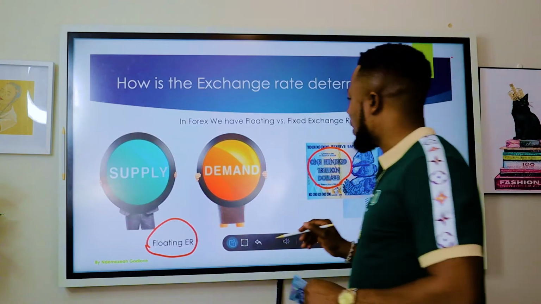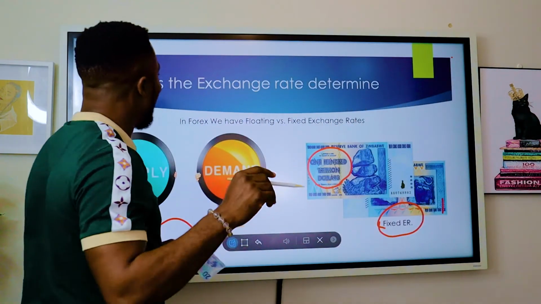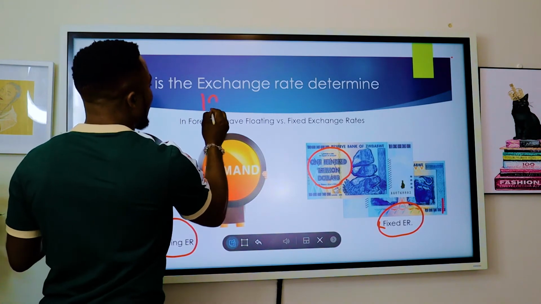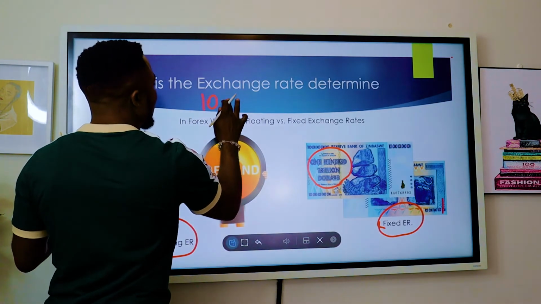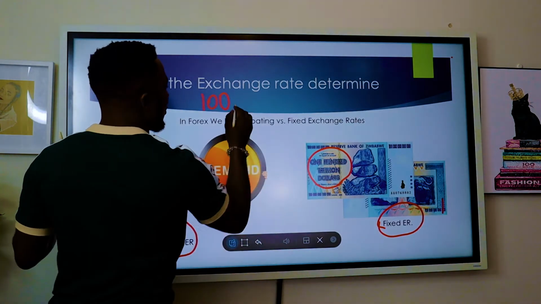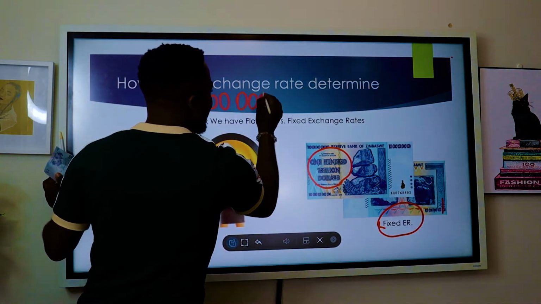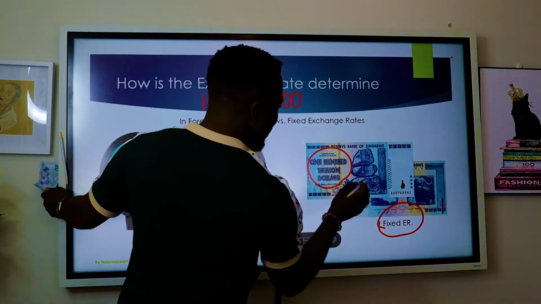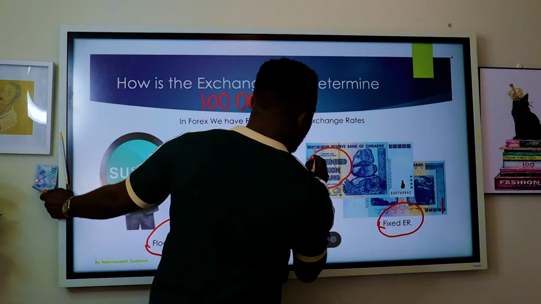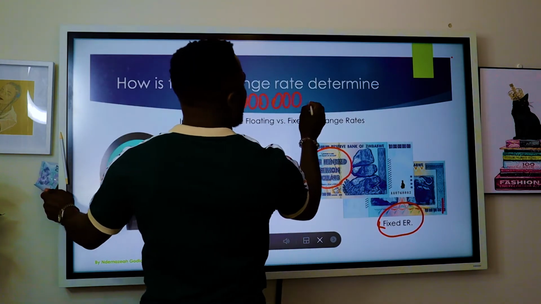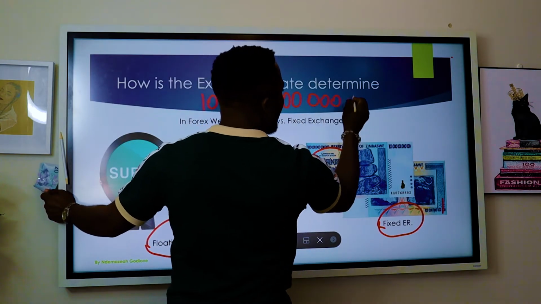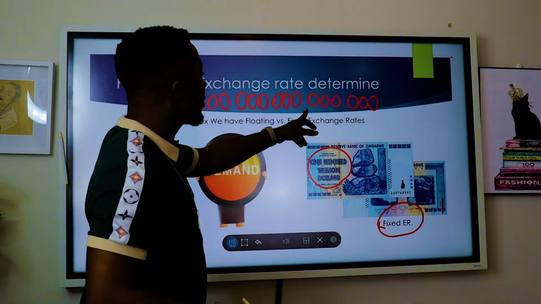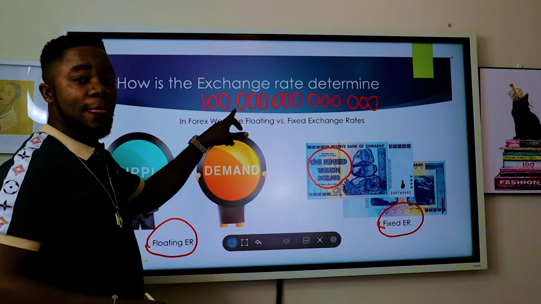Let me try to write out $100 trillion. $100 trillion is 100, then trillion is like this. All right, good. The zeros are even here, 1 2 3 4, 1 2, like this, guys. See, this is million, this is billion, and this is trillion.